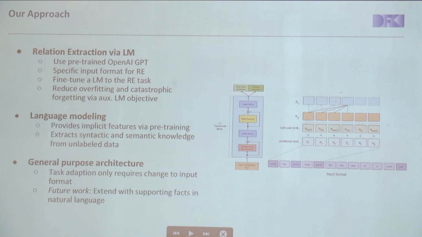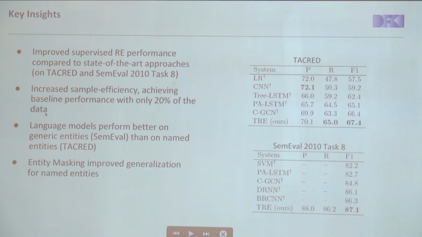The language model then hopefully yields the implicit features we need to replace the explicit linguistic features. It also provides us with a very generic architecture that can be used in further work to add supporting facts to inform the relation classification and enable further reasoning steps.